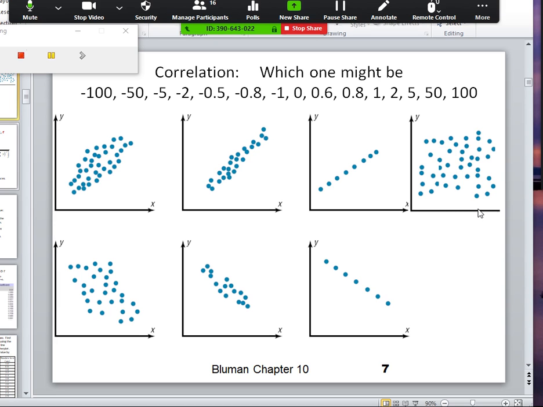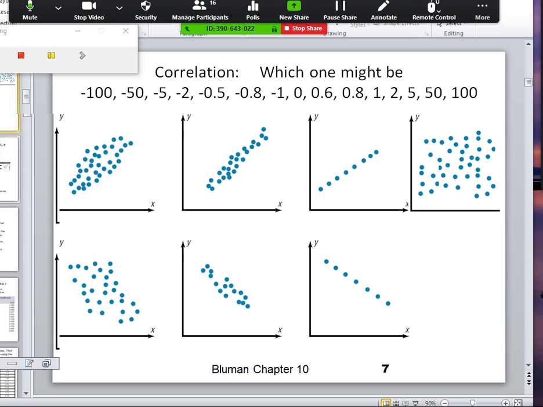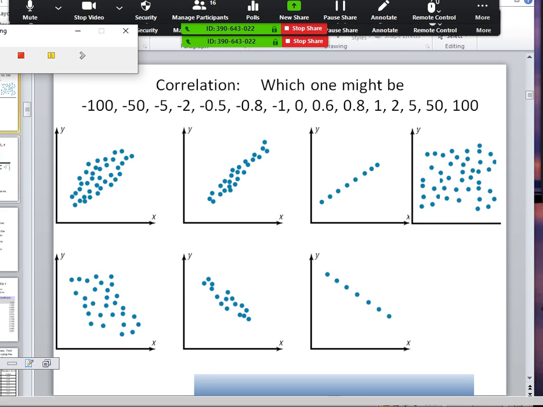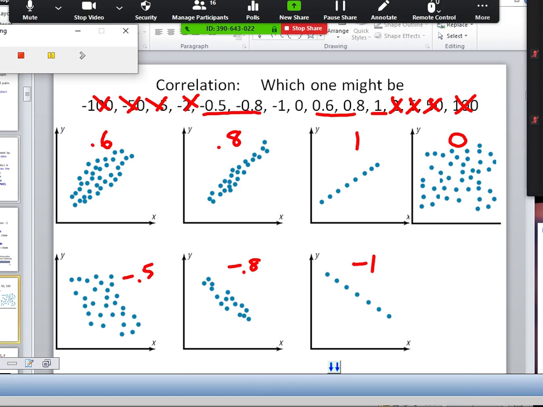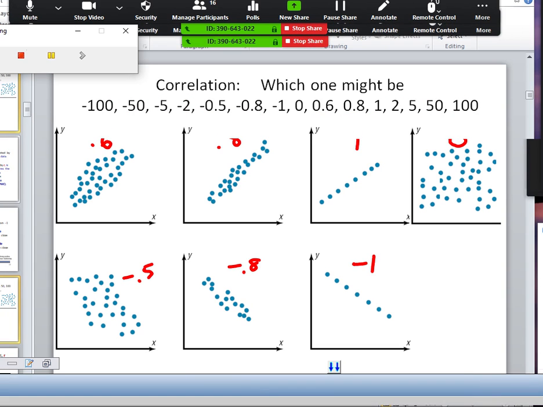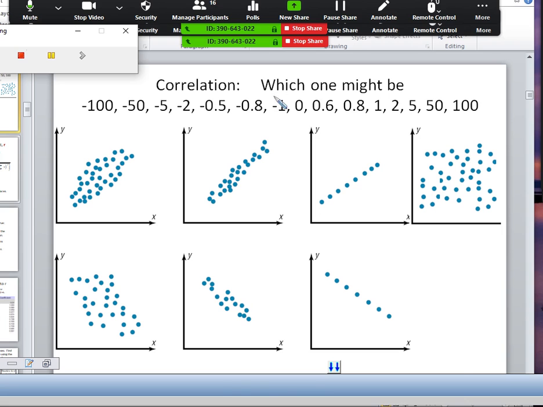About half of you, actually a little more than half of you, got it right. None of them. The correlation coefficient only goes from 1 to -1.